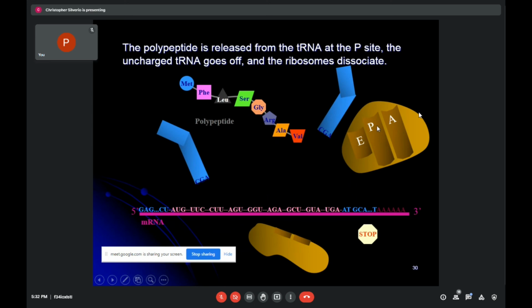The large ribosomal RNA will be released together with the small ribosomal, and then the mRNA transcript and the stop protein will also be released. So that is the end of the translation process.